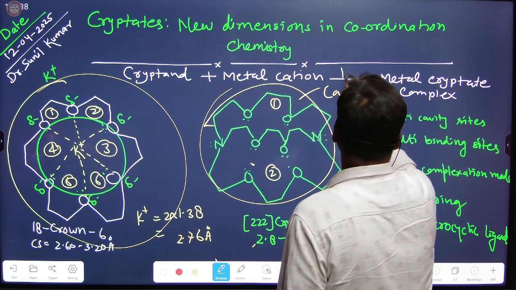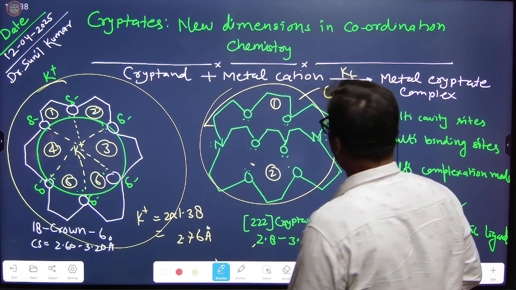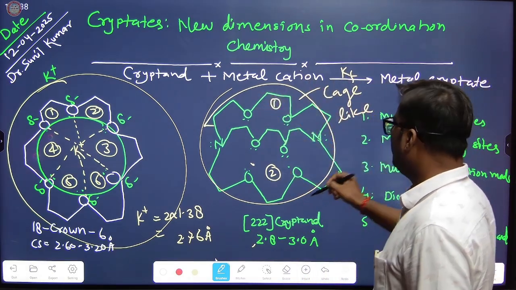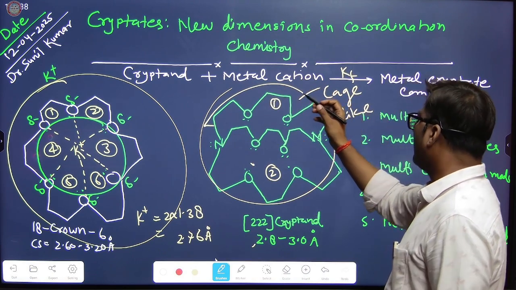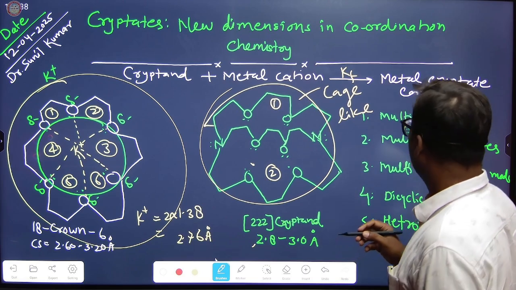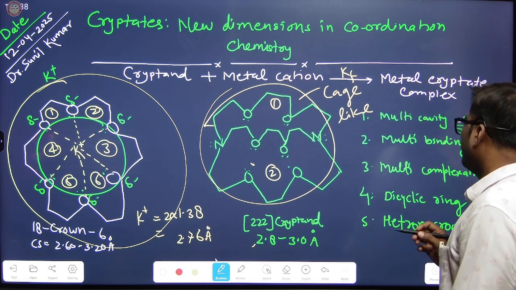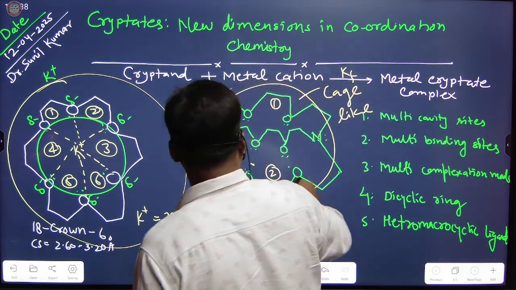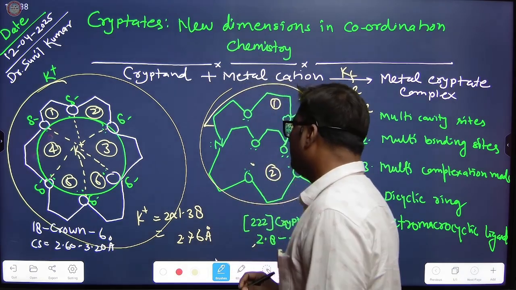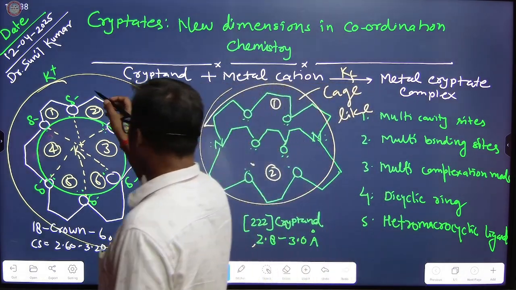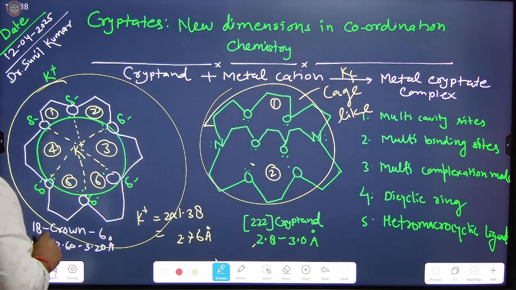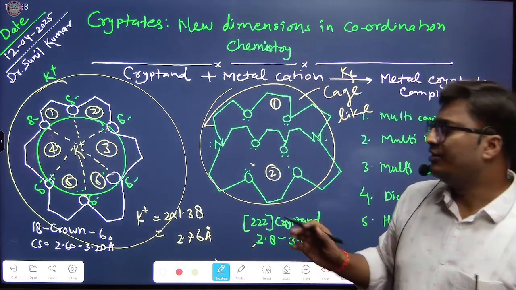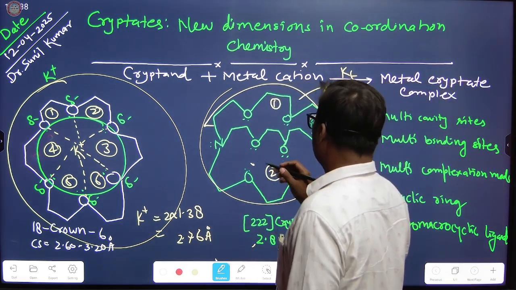That is the formation constant Kf, and Kf for this cryptand when it captures the metal cation to form a metal cryptate is very high. So the formation constant of such a complex is very high compared to this crown ether complex because of the large number of chelate rings in this structure, right?